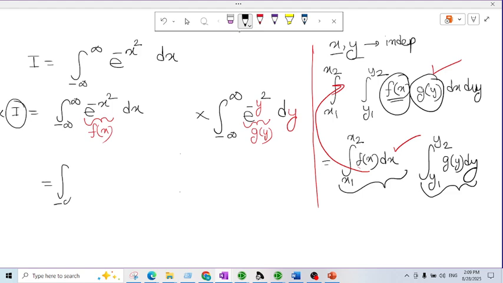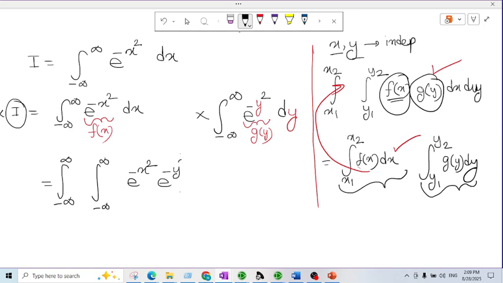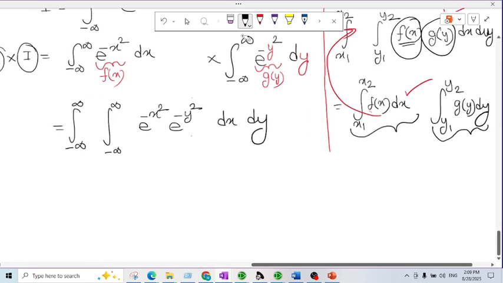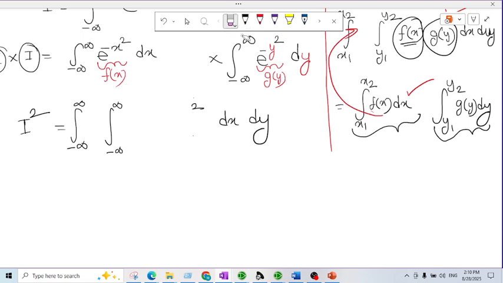This is the range of x, this is the range of y. Let's write f here, then g here, then dx dy. Well, so at the left hand side we have I square, and these two are in multiplication, so let's multiply them and we will have e to the power minus (x square plus y square).